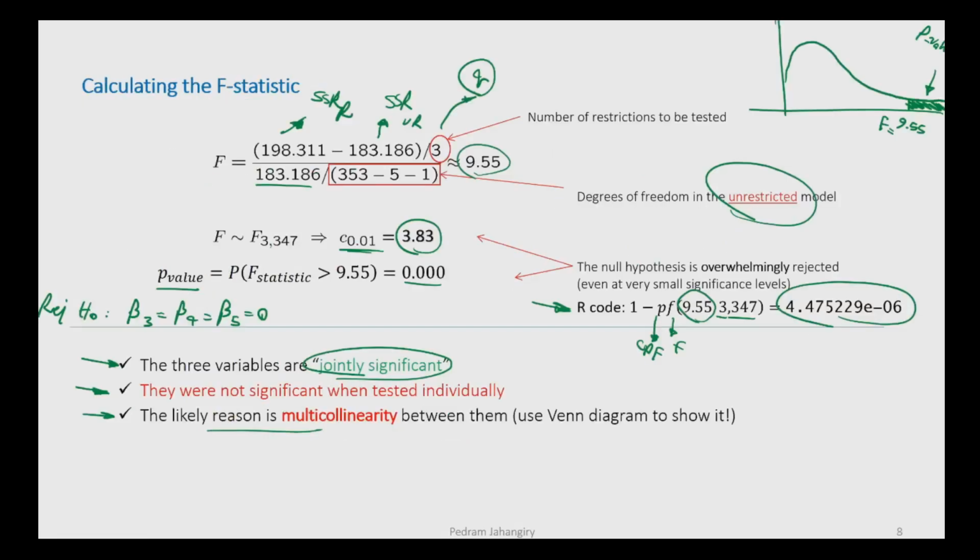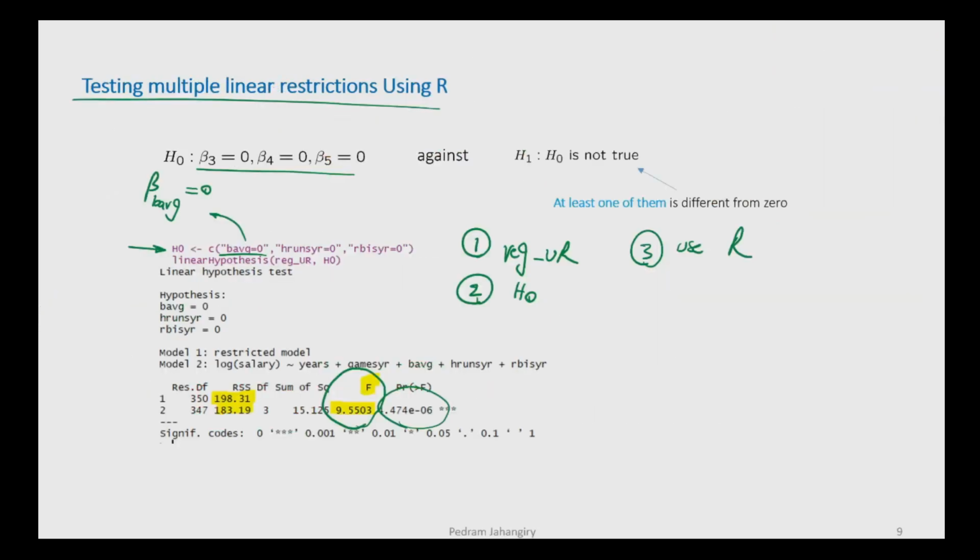So my F statistic was 9.55 and the p-value was literally close to 0. We don't need to do it manually again in practice, but for exam purposes, I want you to learn how to use this equation because it is important. Okay. So look at that, the F statistic is 9.55 and the p-value is literally 0. Good news, reject the null.